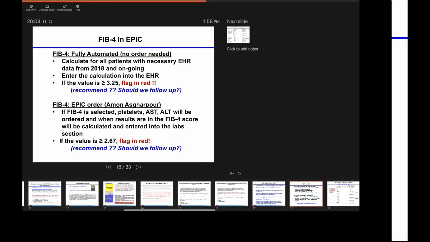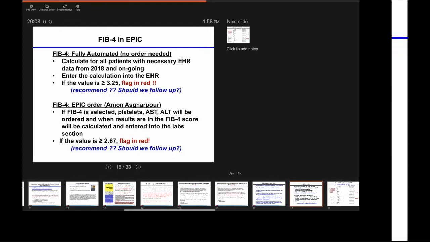We will write software to go back for 2 years, and if there's data that is available and allows a FIB4 score to be calculated, it will be calculated and entered into the health record. If it's above 3.25, it will get a red flag, and we're working out exactly what the language is going to be. And similarly, Amon has for a long time been working on a FIB4 Epic order.